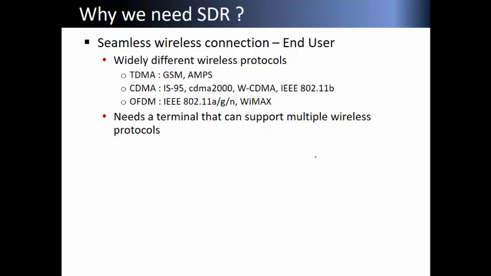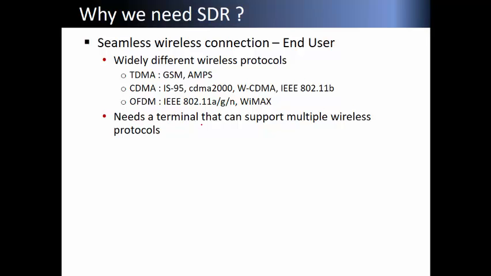So why do we need the SDR? There are seamless wireless connections to end users. Widely different wireless protocols are applied. So we can look at GSM, AMPS, and some of the CDMA techniques, and OFDM techniques also, IEEE 802.11a through n.